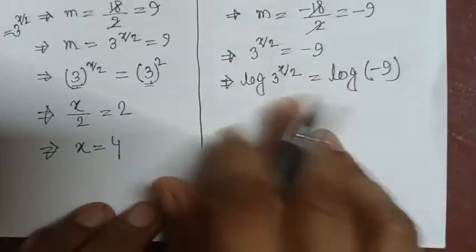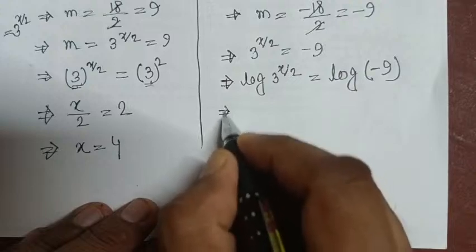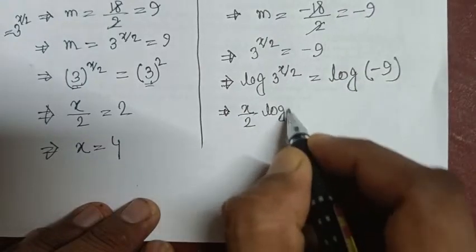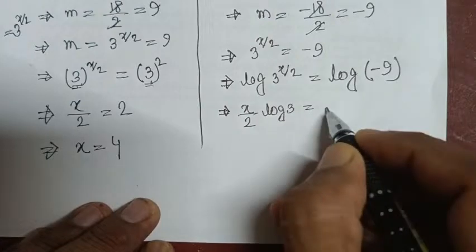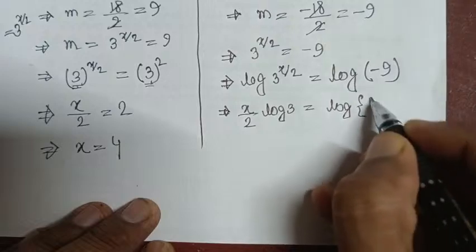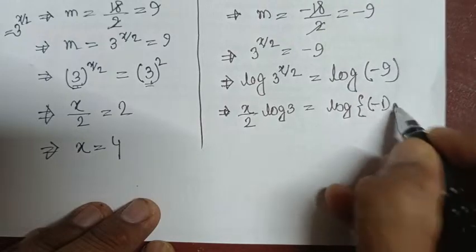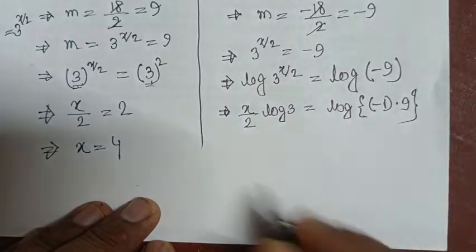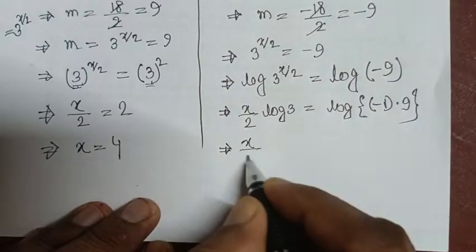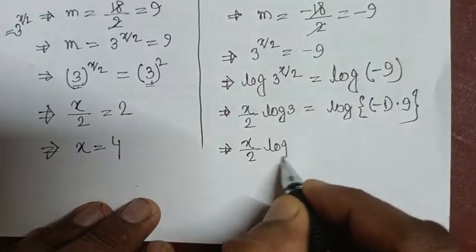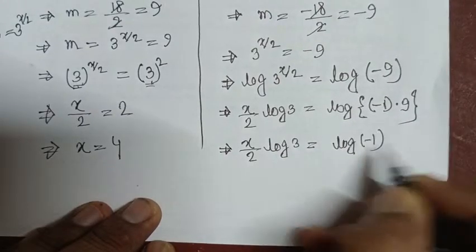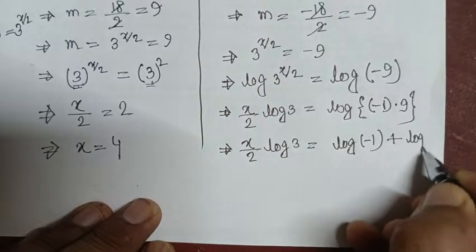Therefore the equation becomes x by 2 log 3 equals log of minus 1 times 9, so x by 2 log 3 equals log of minus 1 plus log of 9.